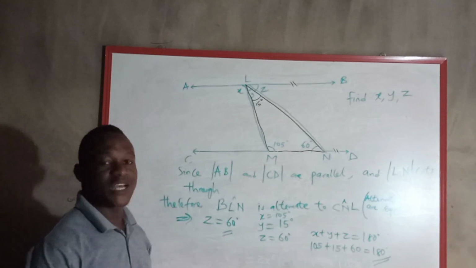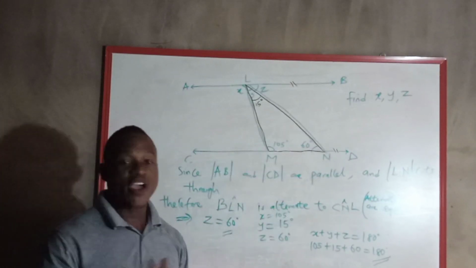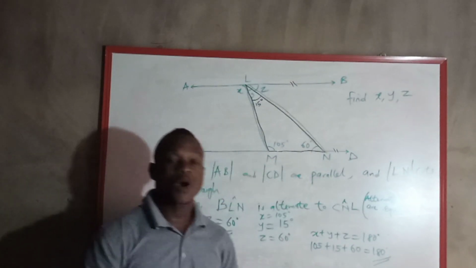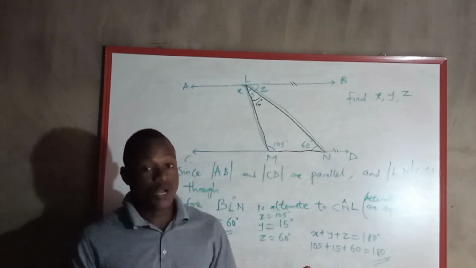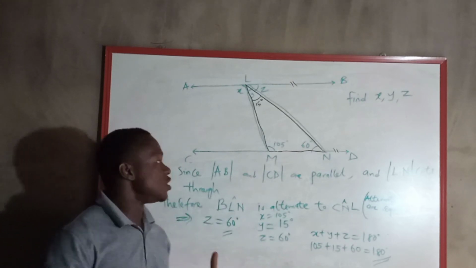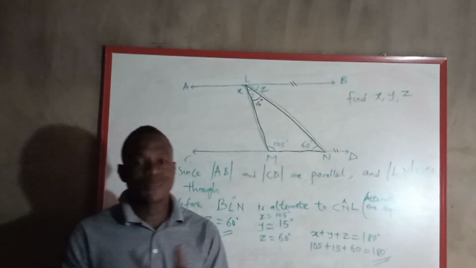If you want to get more examples, you can check out our playlist on triangles, where we solve more examples involving angles and sides, where we applied SOHCAHTOA, the trig ratio, we applied the Pythagoras theorem, we applied the cosine rule and the sine rule, and we explain why we applied these rules in these particular questions.